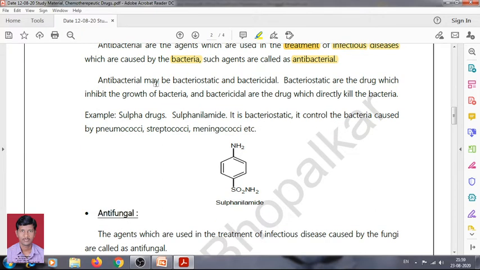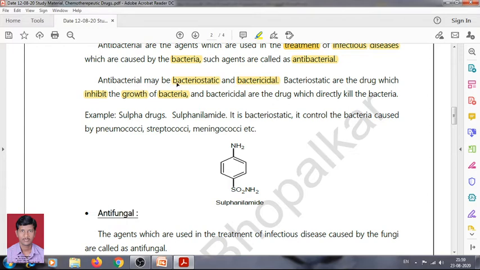Now this antibacterial may be bacteriostatic or bactericidal. Bacteriostatics are the drugs which inhibit the growth of bacteria. They do not kill the bacteria, they only inhibit the growth of bacteria.